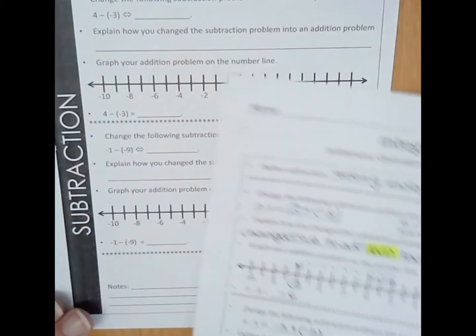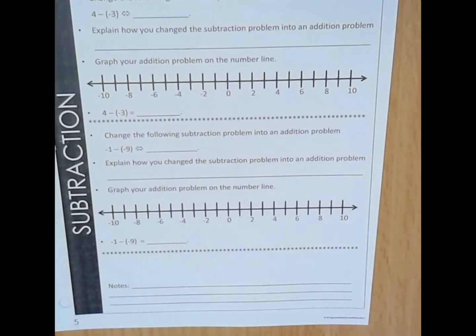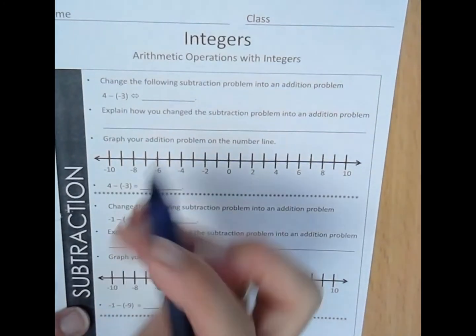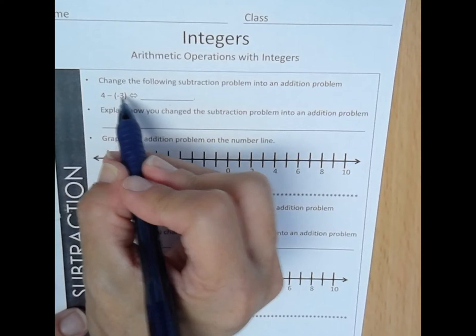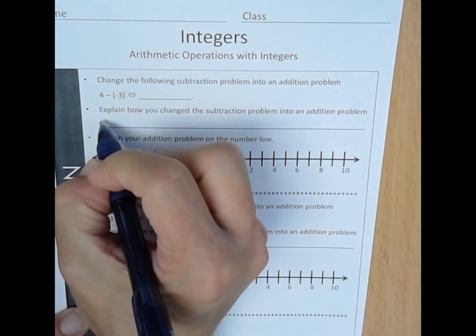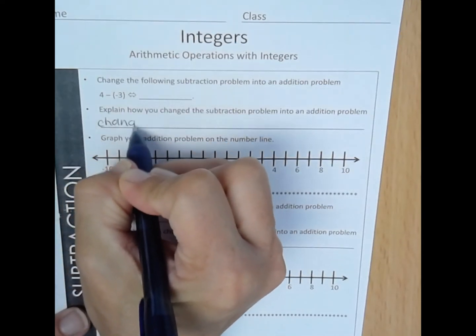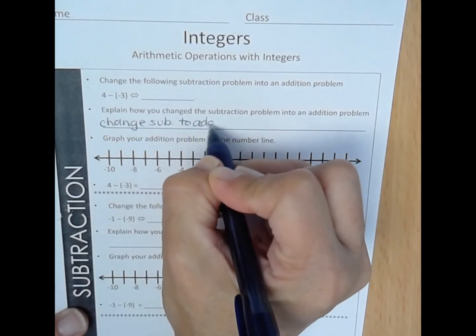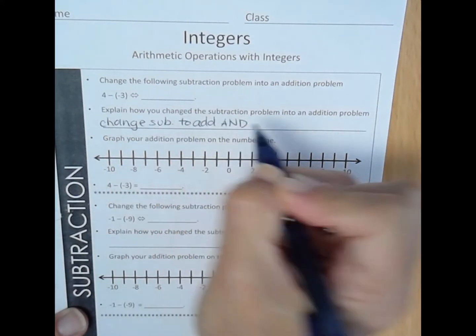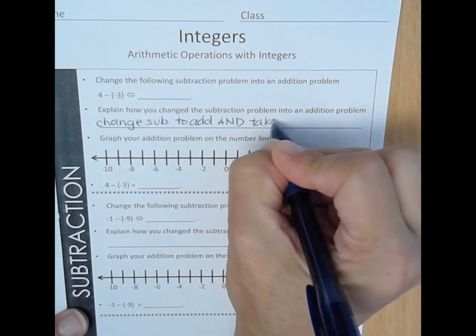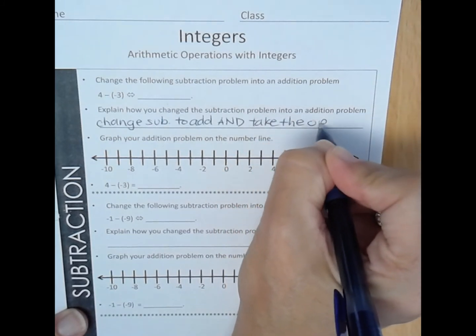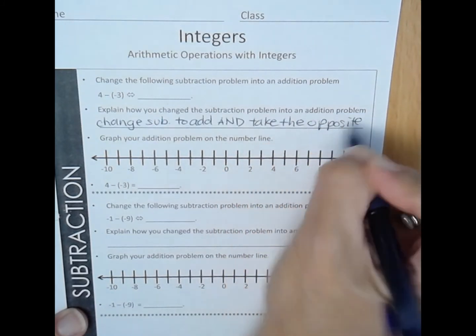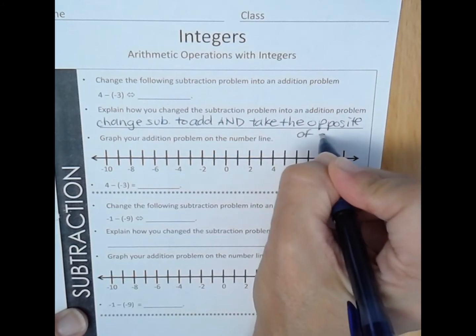Okay, let's look at the third example. 4 minus negative 3. So again, we're going to change subtraction to addition and take the opposite of negative 3.